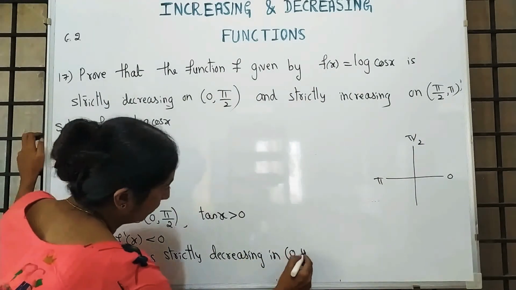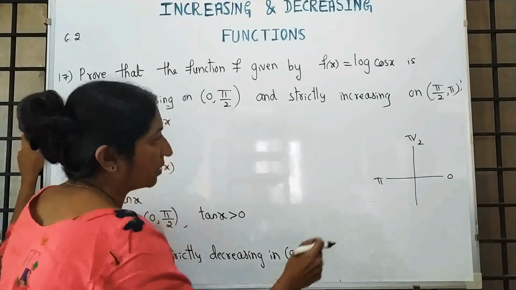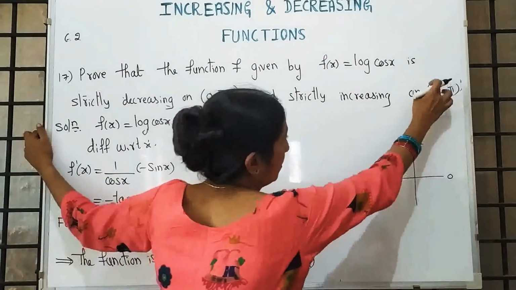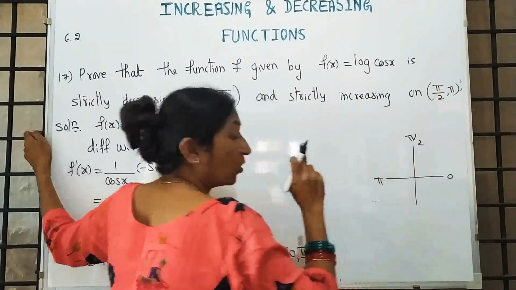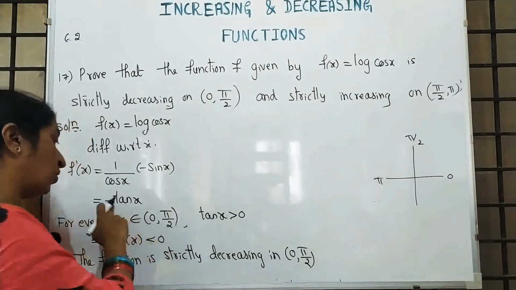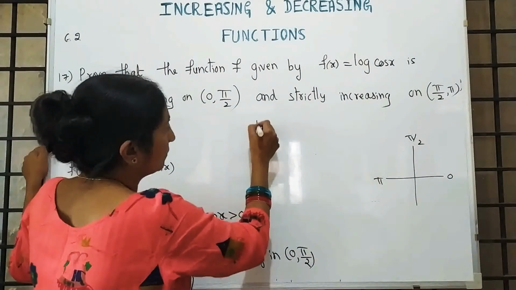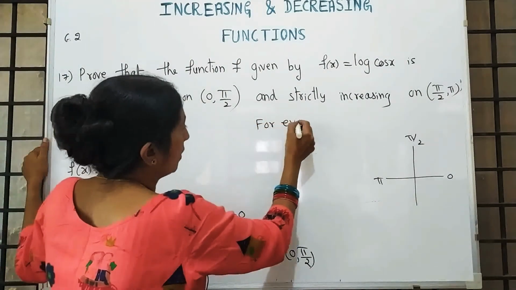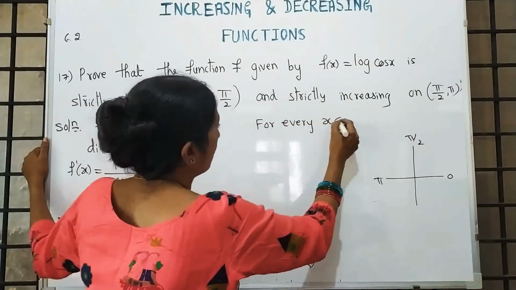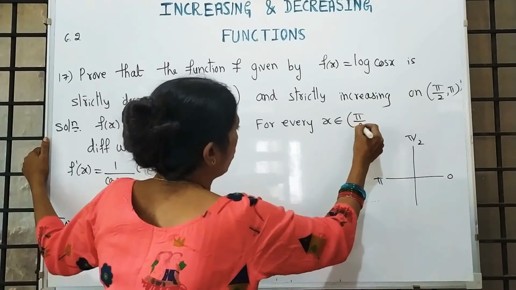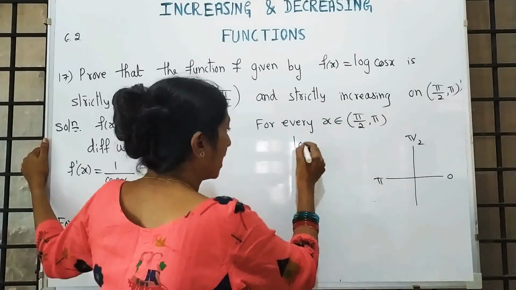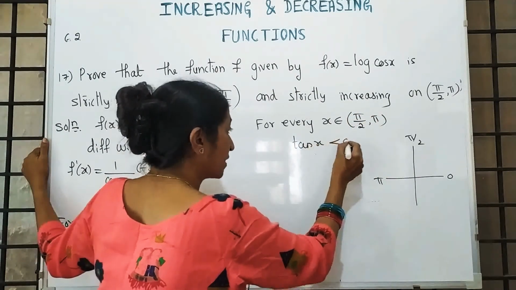Then what about the second quadrant? In the second quadrant, that is pi by 2 to pi, tan is negative and already we have a minus. Minus into minus becomes plus. For every x belongs to pi by 2 comma pi, tan x is negative, meaning less than 0.